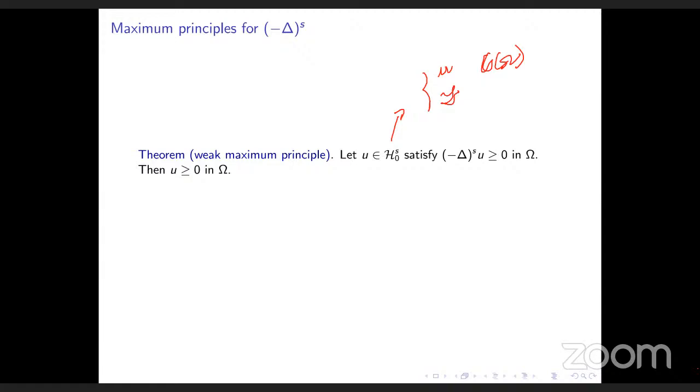So if u is in L^1_s and it is continuous up to the boundary, or lower semi-continuous, then you also have the weak maximum principle.